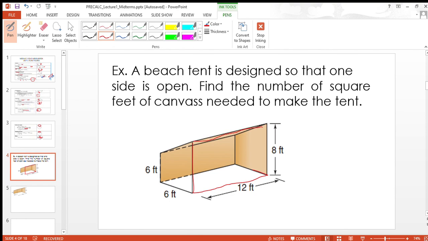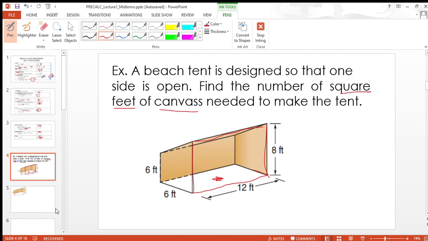Therefore, if we want to get the total canvas needed, in square feet, we are after the total area of the surfaces that we have. Of course, the bottom we will not cover, because that's the ground, okay?